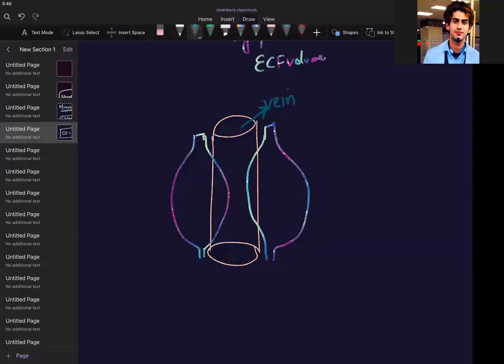And surrounding this vein, I hope you know veins have valves. Veins have valves so that the backflow is prevented, isn't it? Because veins are bringing the venous return into the heart, into the right atrium. We have valves at many places like this. This is also clear with you.